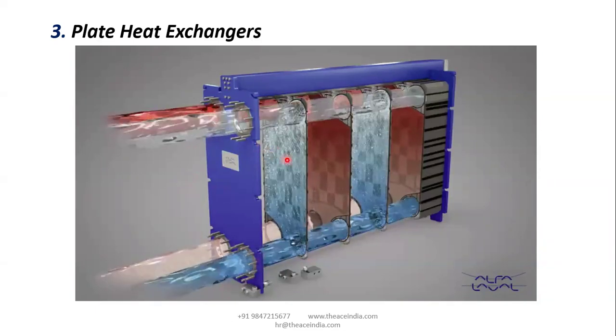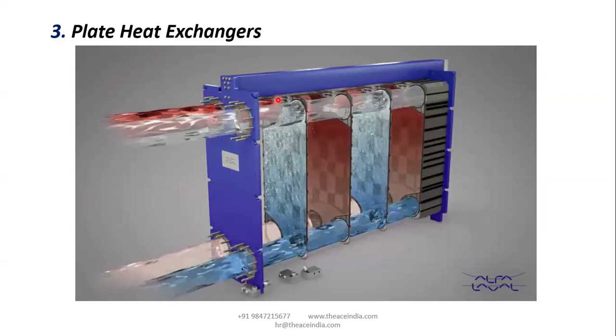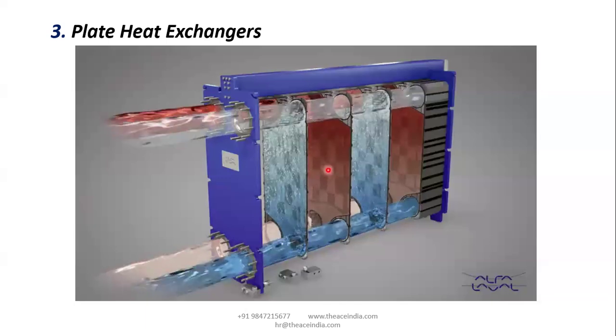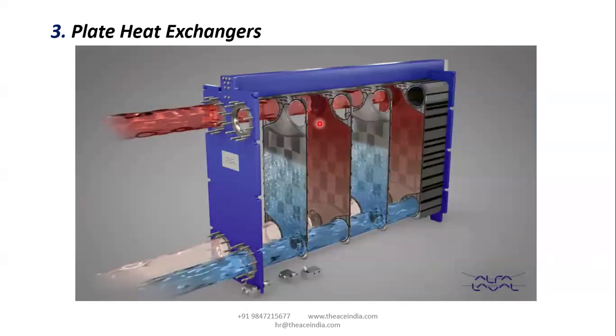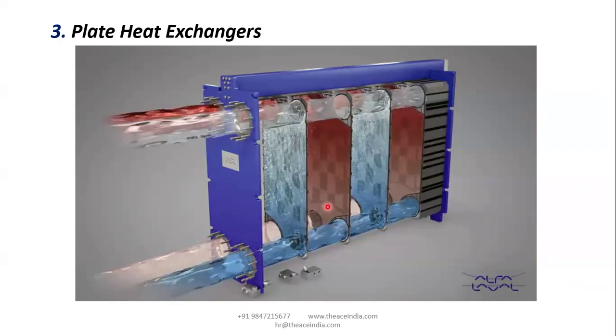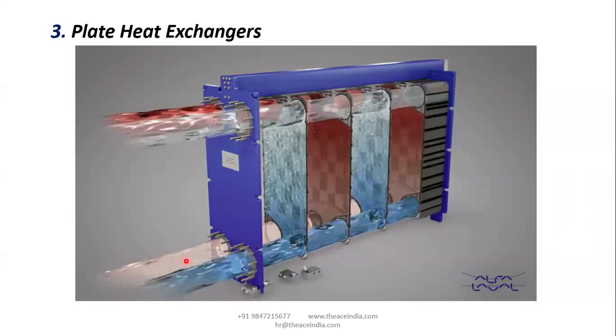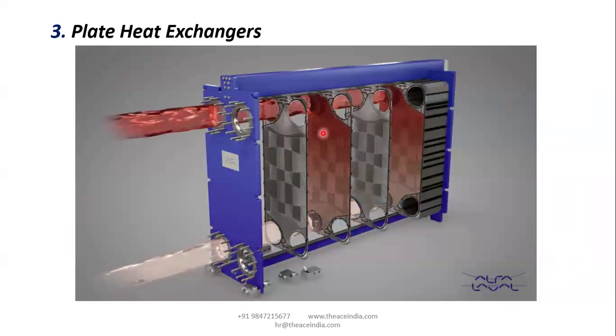At the same time, on the adjacent plate, another fluid flows across. You can see the color is very red hot initially, but eventually the color of this substance becomes white. That means heat exchange takes place between these two plates.